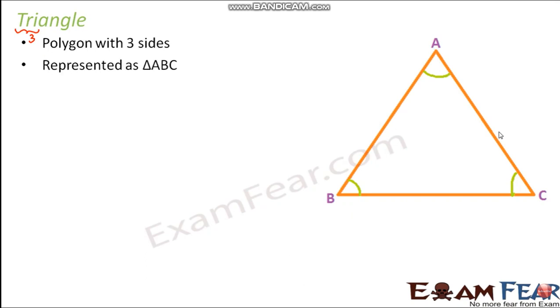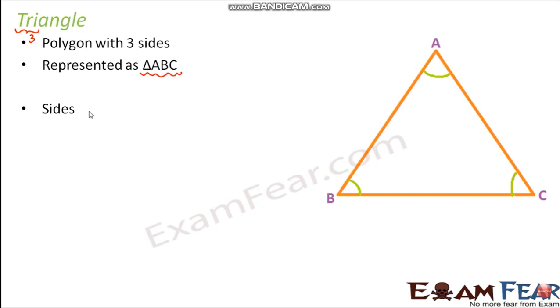Now this triangle in the picture is normally represented as triangle ABC. We do not write the word triangle, instead we put the symbol of a small triangle and then write ABC. Now the basic elements of a triangle are sides, angles and vertices.